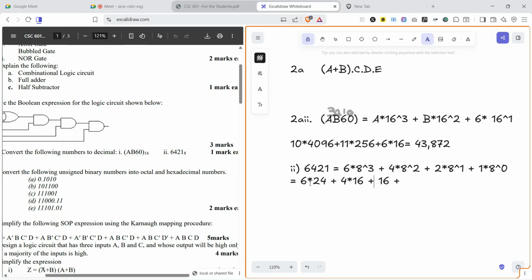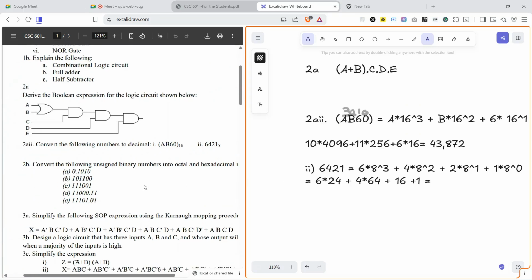Oh, sorry, 8 raised to power 2 is 64. Yeah, 4 times 64 plus 16, then plus 8 raised to power 0 is 1, and the other one is 1. So you get your results from this place. I believe we can get our result ourselves for that one.